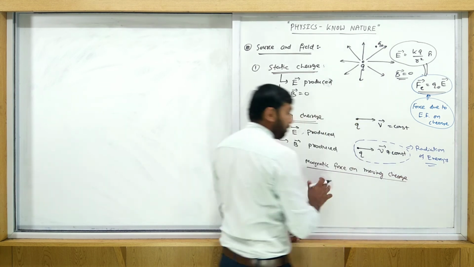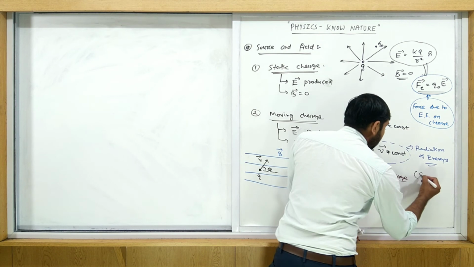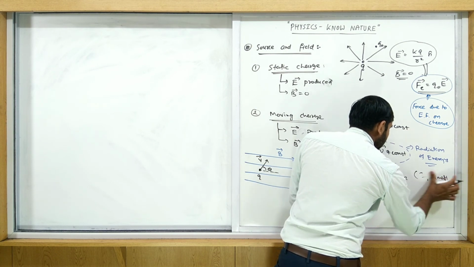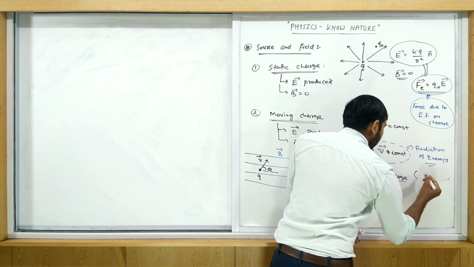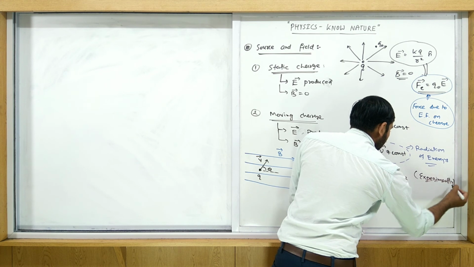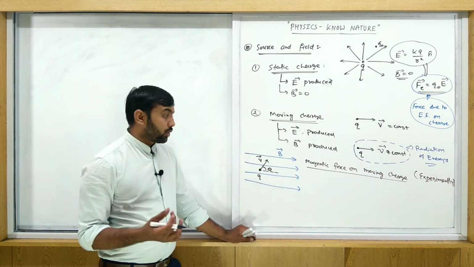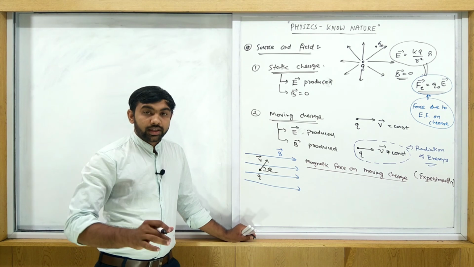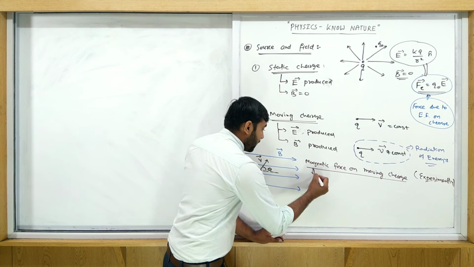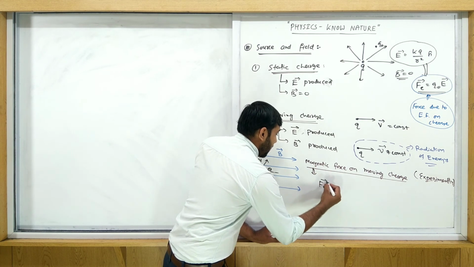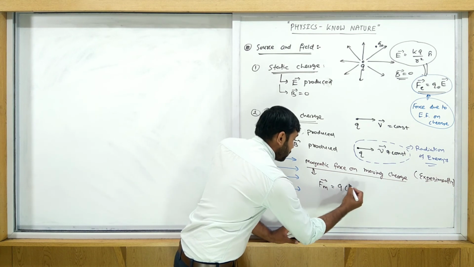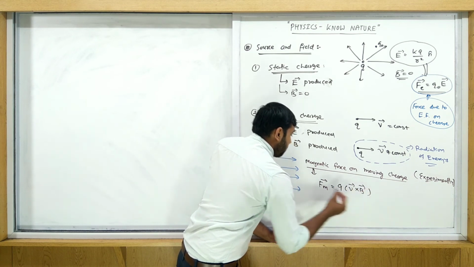This equation is written experimentally, and actually this equation was found by Lorentz. We will discuss the Lorentz force later on, but what is the magnetic force? Fm, this force is a vector quantity, so Fm is given as Q into V cross B.